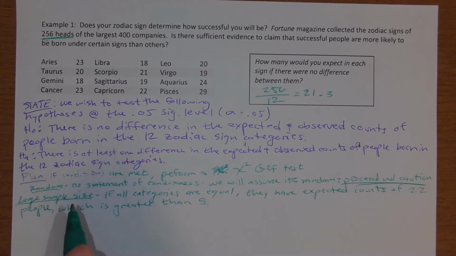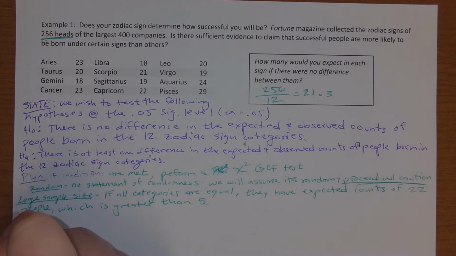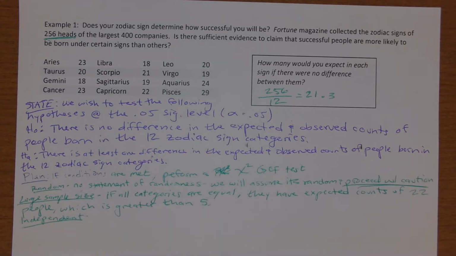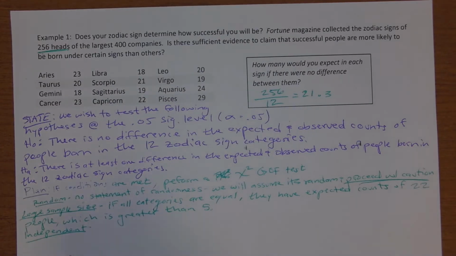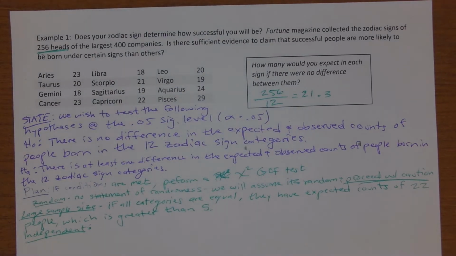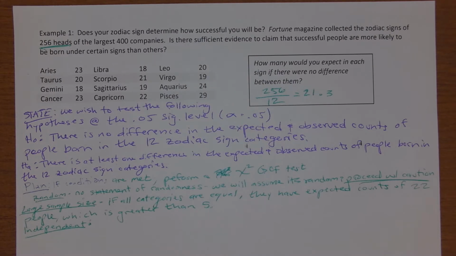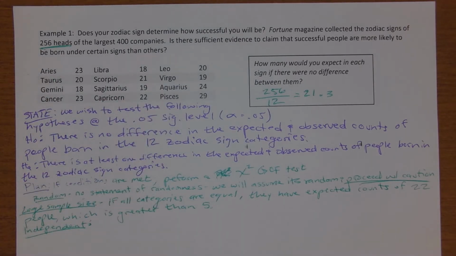Alright, last one is going to be independent. So we'd be interested that our sample size is less than 10% of the total population. Now, once again, kind of weird, but okay. I told you guys that the less than 10% thing is what we're going to use the vast majority of the time. That said, here it's pretty clear what sign you're born under is independent, right?